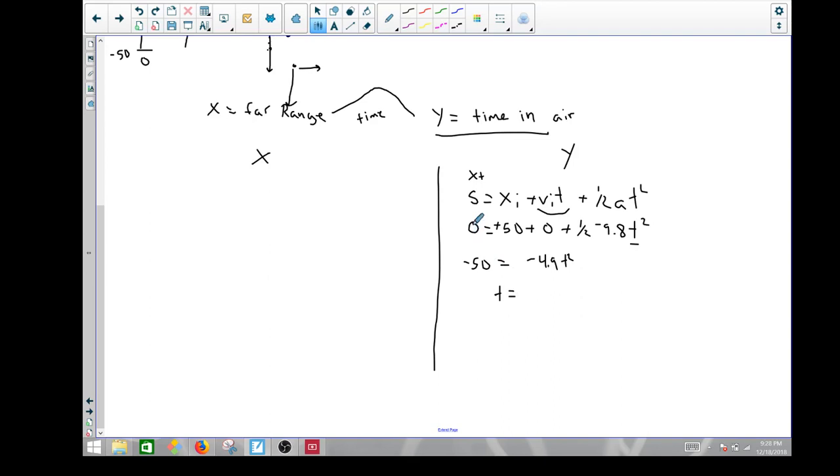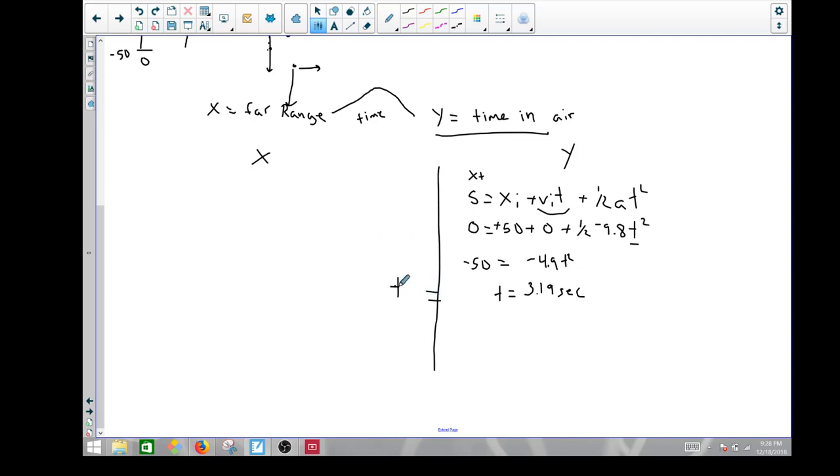So 50 divided by 4.9. Now two negatives are going to make a positive, and then that's 10.2, square root of the previous answer, and I'm going to get 3.19 seconds. That's incredibly important because on my table, my time is the same for both of them.